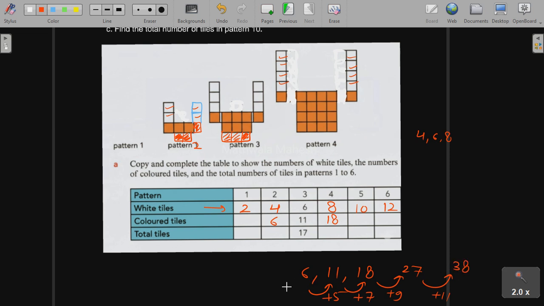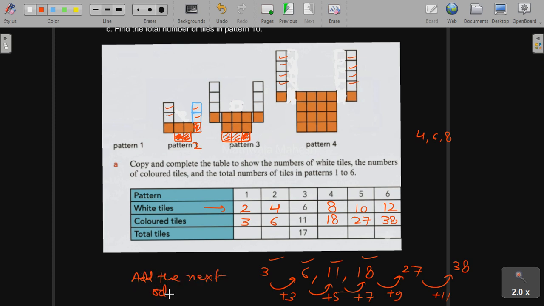For the next one we have to add 11, it is 38. It means we add 3, this would be 3. So the pattern is 3, 6, 11, 18 and 27 and 38.